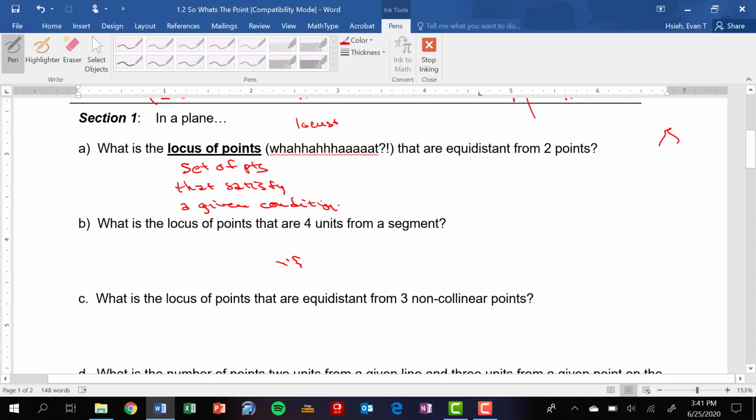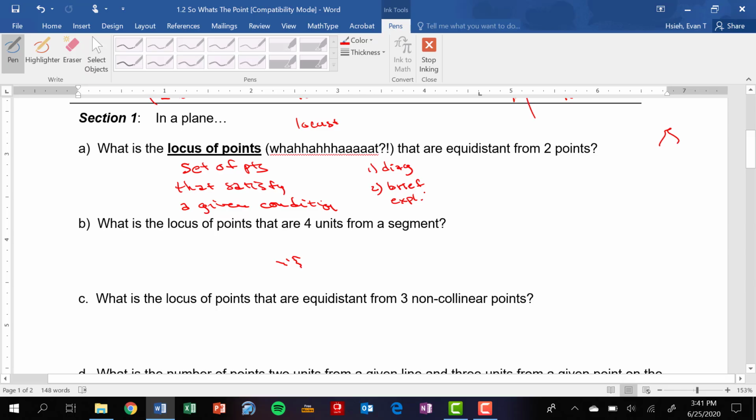And when we're talking about a locus, the solution is always going to consist of 2 things. It's going to consist of a diagram and some sort of brief explanation as to what the diagram represents.